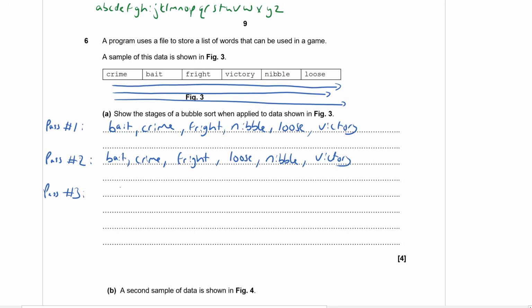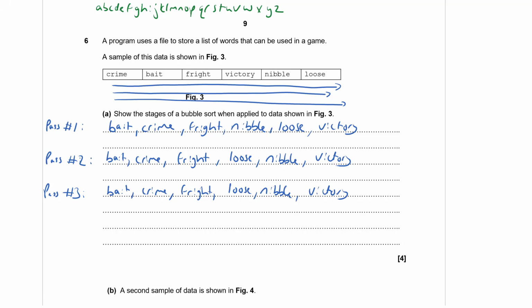Bait, crime are fine, so is crime and fright. Now fright and loose is okay, nibble and loose is okay, and therefore we are done. So that last pass made no changes, but that means the list is sorted.